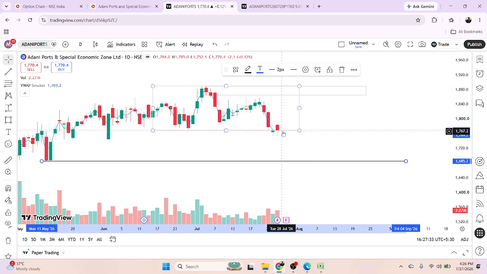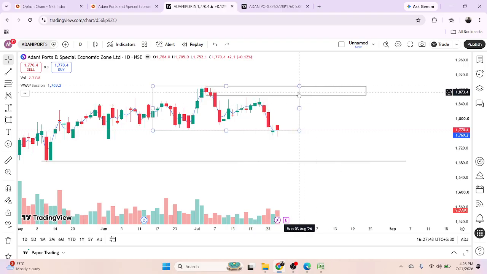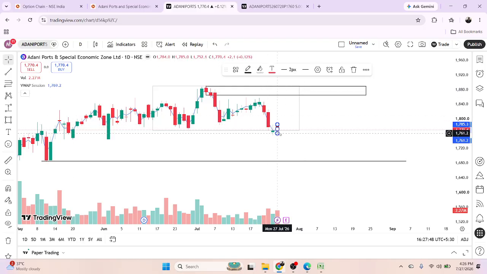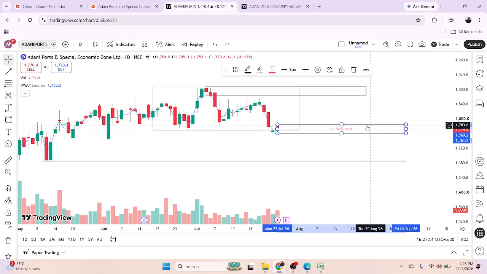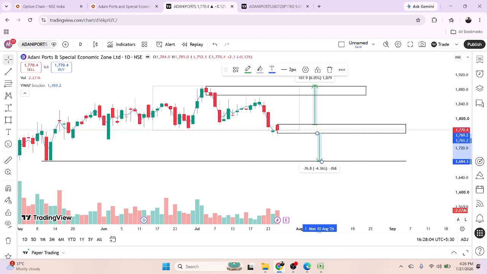There is a huge difference between this price and this price. If the market remains at this level, then you can make very good profit. The market is around this level, and there is a gap of more than 100 points here, and more than 70-80 points here as well. So if the market is not going to break either side, then you can make some good profit.